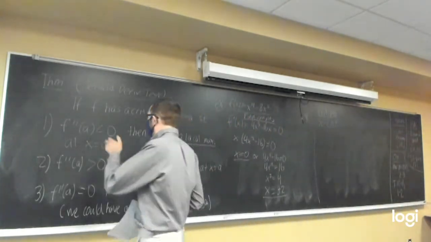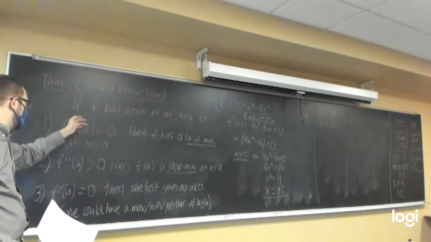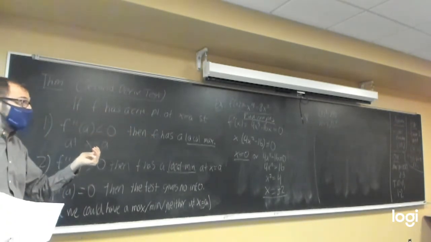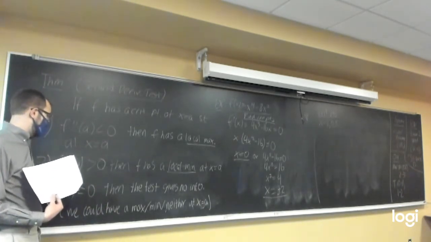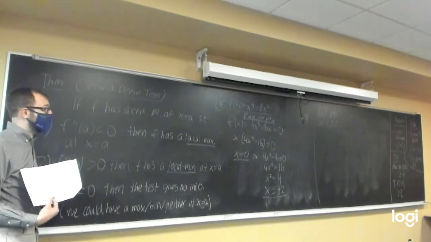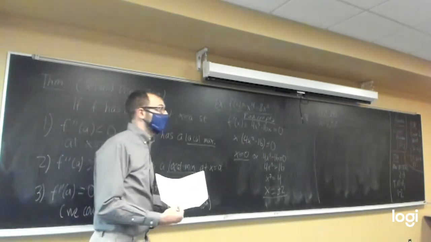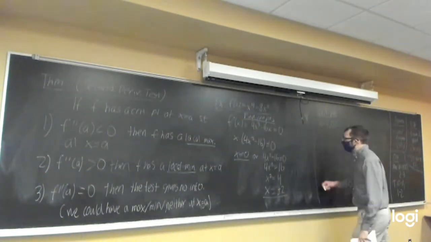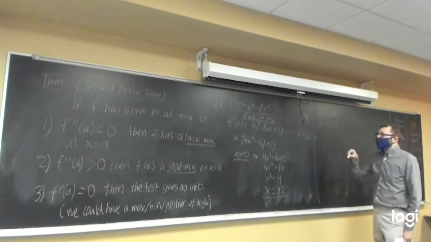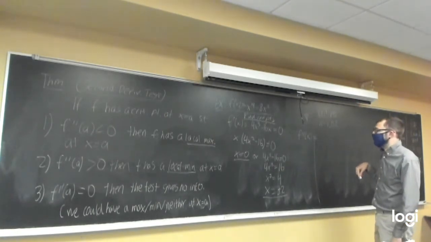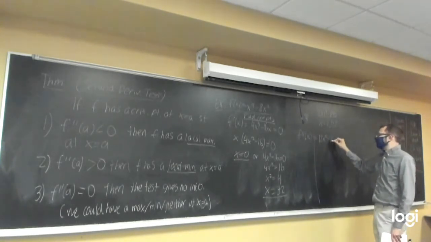In other words, let's take f double prime of each of those 3 numbers, and depending on whether f double prime comes out to something positive or negative, that's going to tell us if we have a local max or a local min. And hopefully f double prime doesn't come out to 0, because then we'll be stuck. So if f prime is 4x cubed minus 16x, then f double prime is going to be 12x squared minus 16.